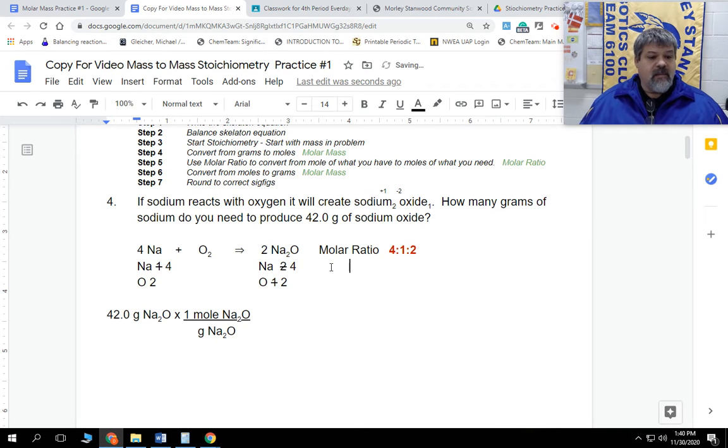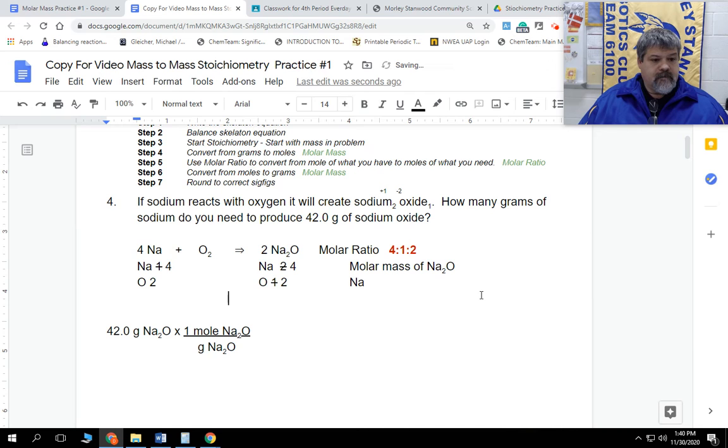So what is the molar mass of Na2O? We like to do this by calculating out each element that's in there, and the amount that they have of each one determines it. We use the atomic weight. So we have sodium, and we have oxygen.